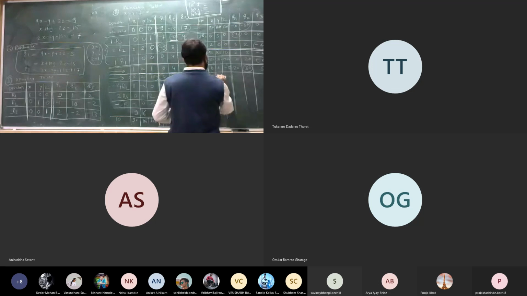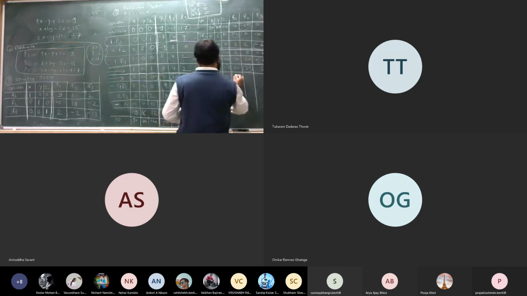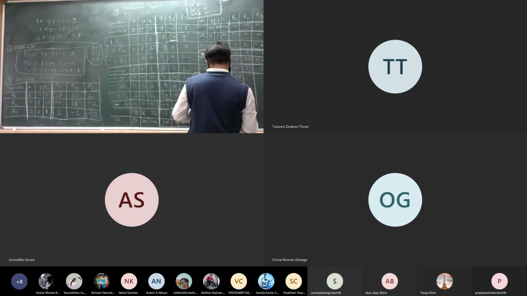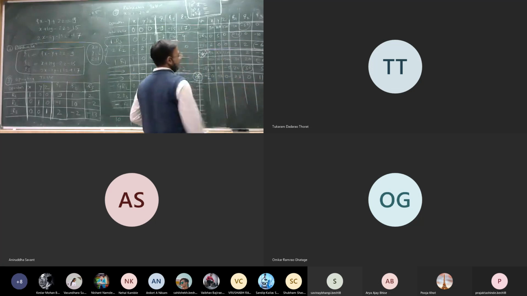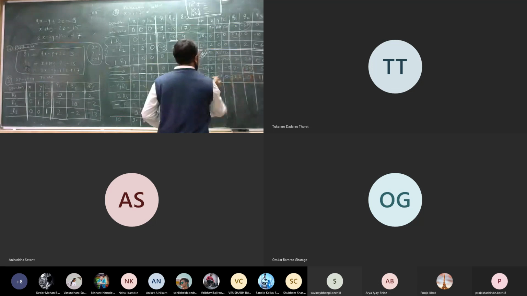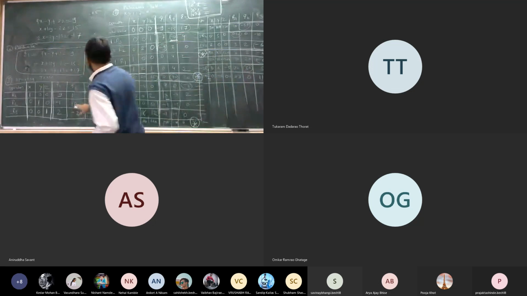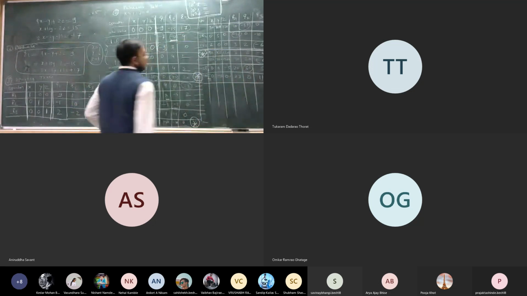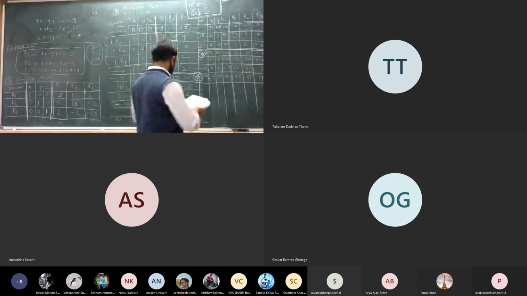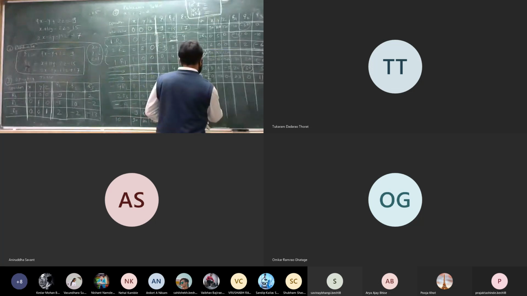Again 0, minus 3, 0. That value is going to come 23, 0, 11. Just check, this is a simple calculation. We just have to do the minus 3 times. The largest value is 30y. So R2 is going to be 10 times 10 into 3, 30. Like that we have to operate. That is not a difficult thing to explain.